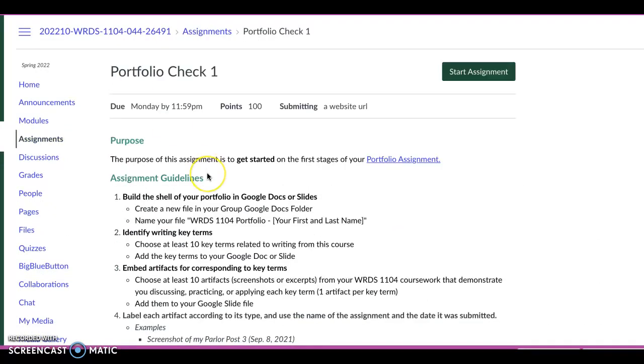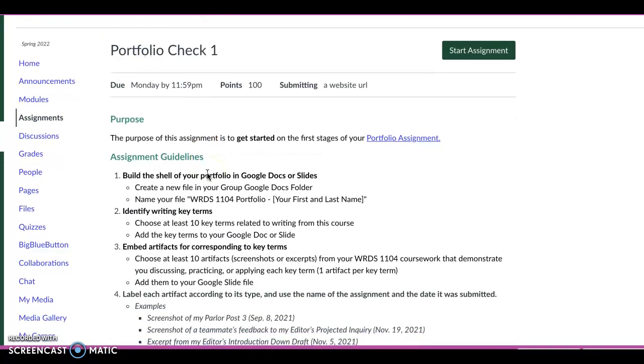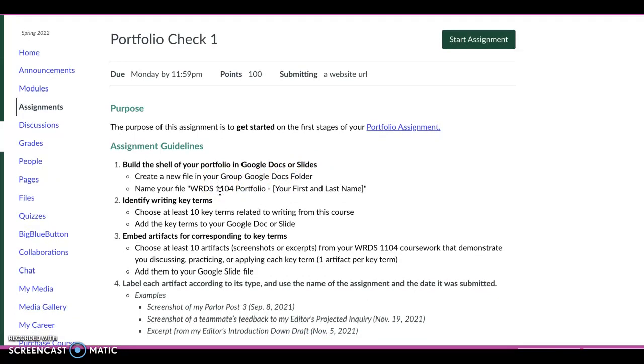Okay, so what you're going to do for portfolio check 1 is you're building the shell of your portfolio in either Google Docs or Google Slides. I would suggest only using Google Slides if you really want to play around with design elements. Otherwise, it's probably easier to just use Google Docs. This needs to be done in your group folder.